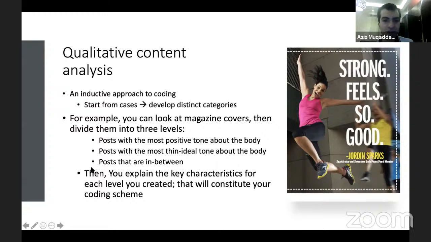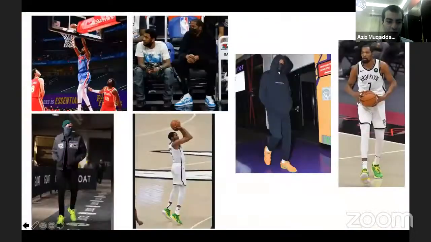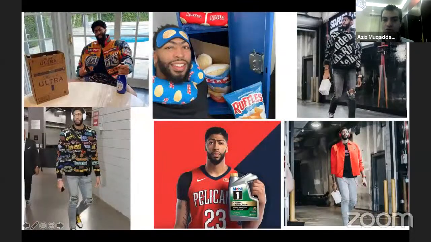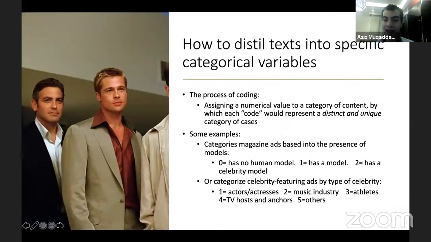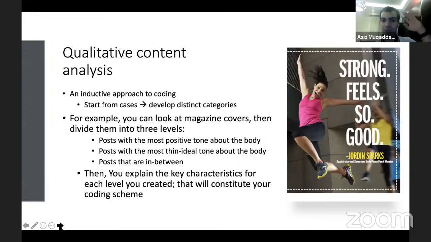So the pictures, for example, we saw from Anthony Davis, right? So they were promotional or non-promotional, right? But assume, for example, that you had that category in mind, and then you wanted to code the Instagram account of someone else, another basketball player, and you find they don't do any promotion whatsoever, or maybe they do promotion in a more implicit way, right?